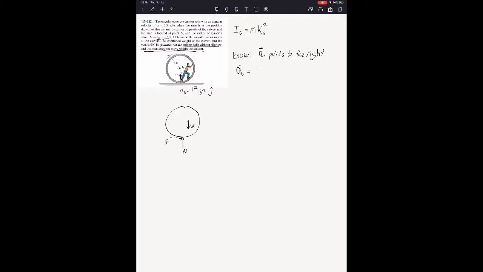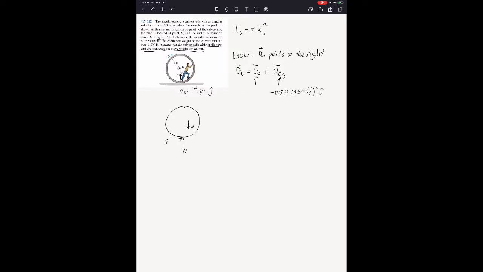I also know that AG is equal to AO plus AG with respect to O. This term points to the right. This term has an alpha cross R and an omega cross R term relative to O. So the omega cross R term points to the left. That is 0.5 feet times omega, which is 0.5 radians per second, squared, in the negative I hat direction.